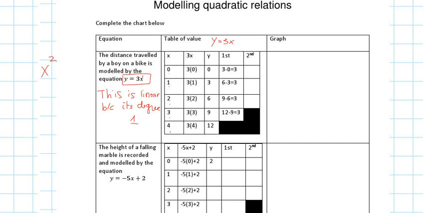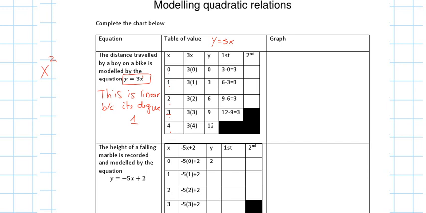Then I replace x with 2: 3 times 2 is 6. Then x with 3: 3 times 3 is 9. So I'm finding my y values by substituting the x value into my equation. Are we okay with that? Your y values are now 0, 3, 6, 9, and 12.